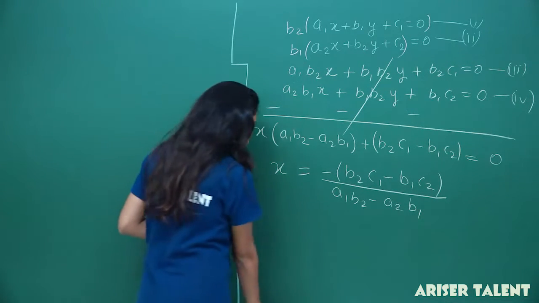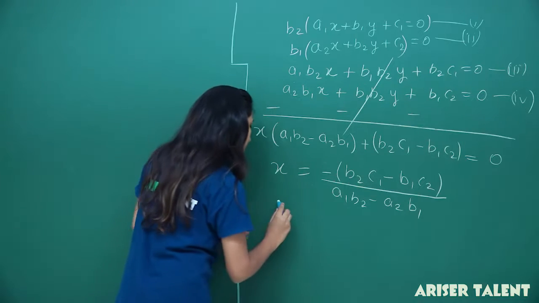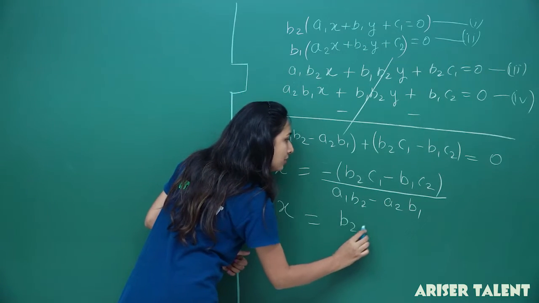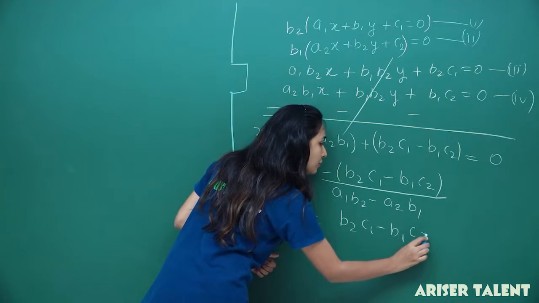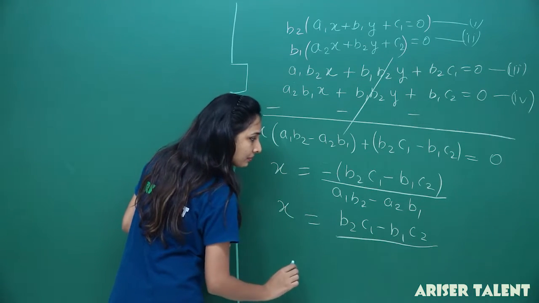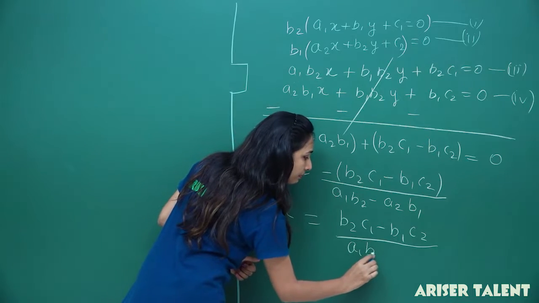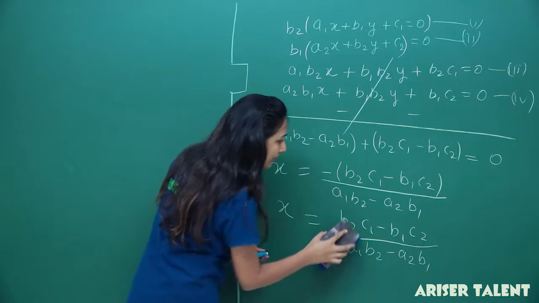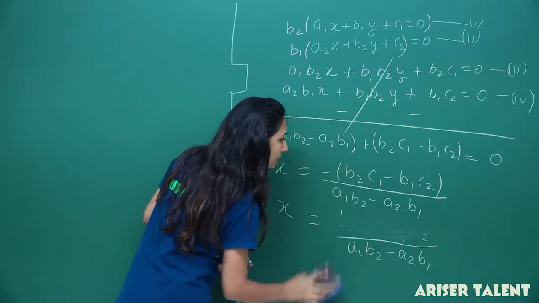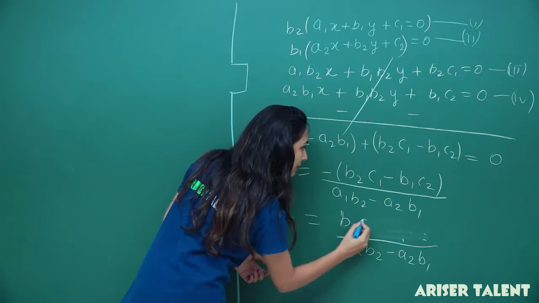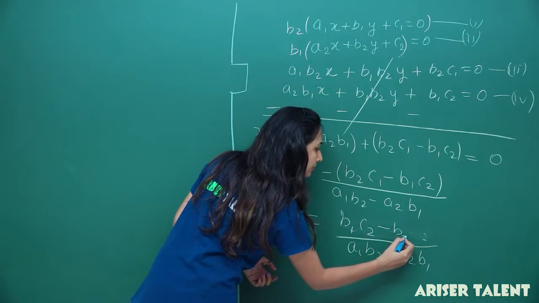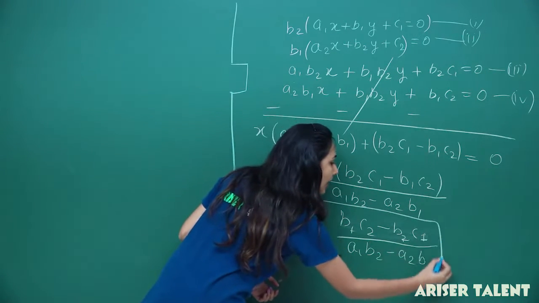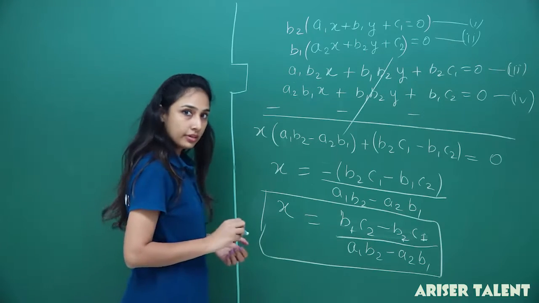Can I send this minus inside the bracket? Then it is b1 c2 minus b2 c1 over a1 b2 minus a2 b1. So this is the value of x I have got.